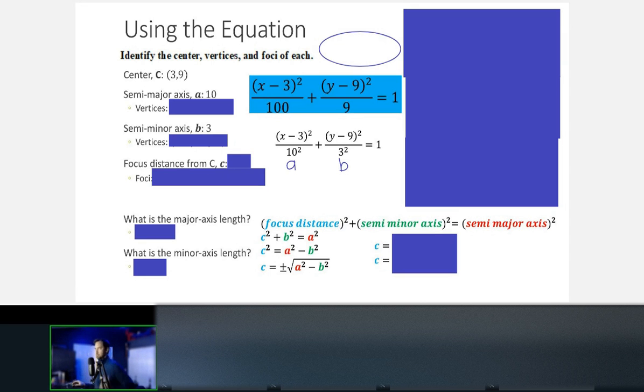All right. Any of you have the vertices for the major axis? What are those two vertices? 3, 19 and 3, -1. Yeah, those sound right.